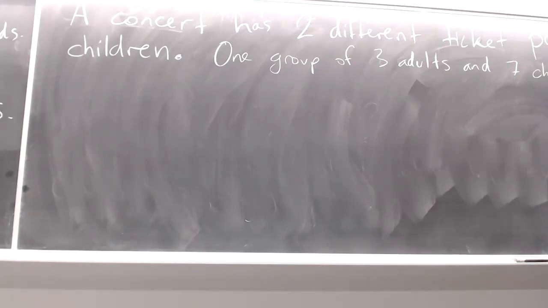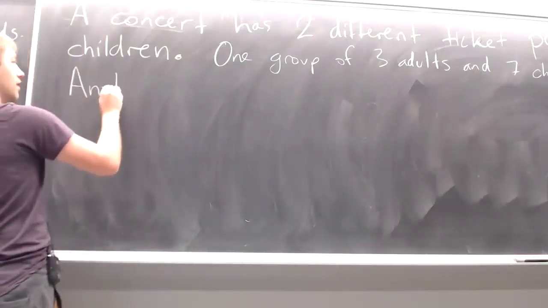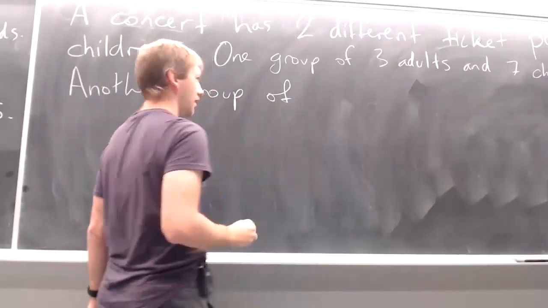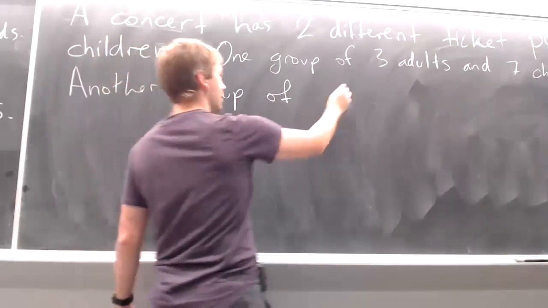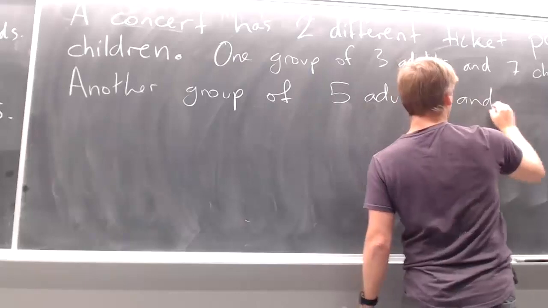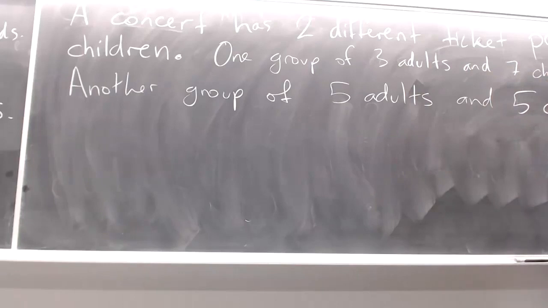So let's say we don't know what the prices actually are, but we're just watching people buy tickets. We notice 3 adults and 7 children paid $119. Another group of 5 adults and 5 children paid $126.